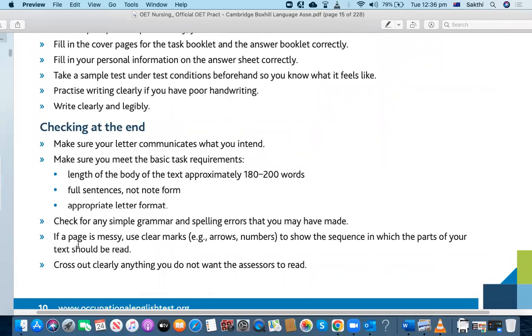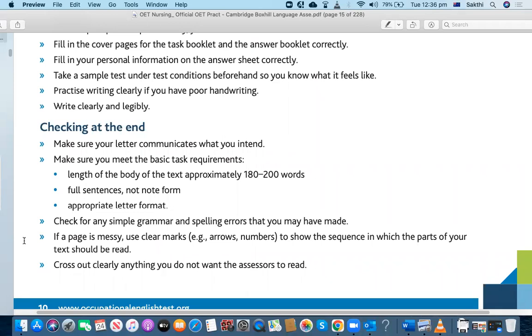If the page is messy, so you have written on the letter but unfortunately didn't write in a legible manner, one way to at least make it a bit better is by using clear marks. You can use arrows and numbers to tell them the sequence: this is the first sentence, this is the second sentence, this is the third sentence, and so on, so that you can reduce the damage.